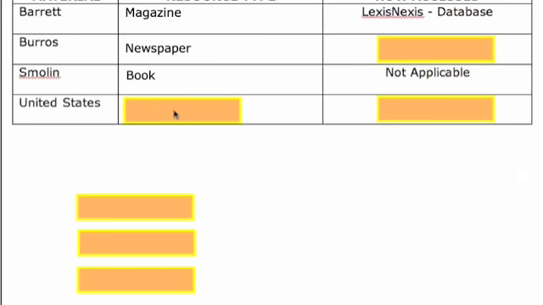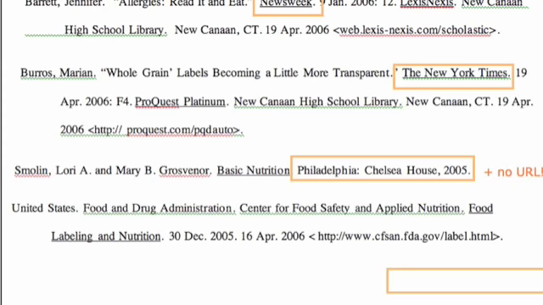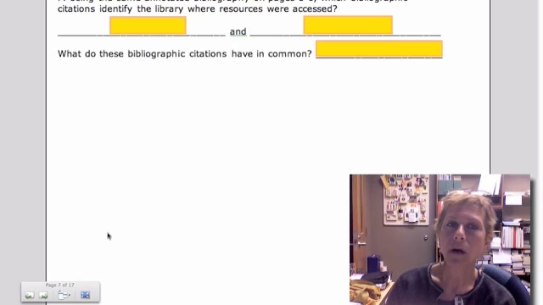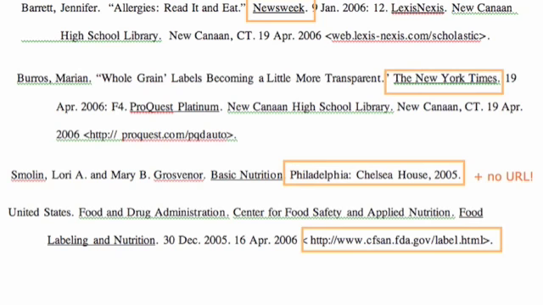And the United States is a website. And how do we know that? It has a URL on the World Wide Web. All right. You were also asked to identify which bibliographic citations identify the library where the resources were accessed. Let's take a look. You can see there's only two, and it's the first two, the Barrett and the Burroughs article.